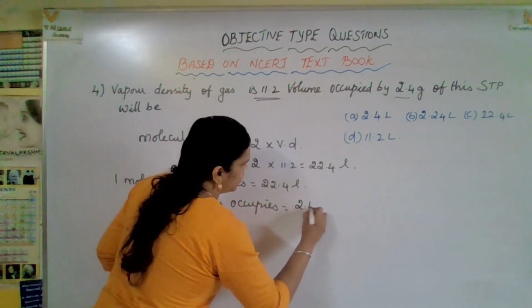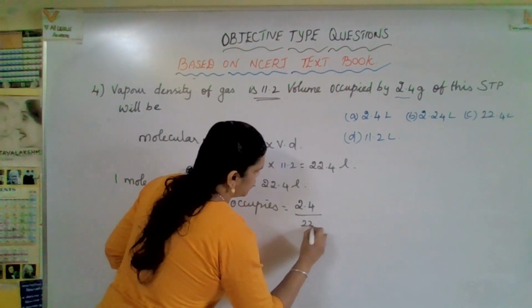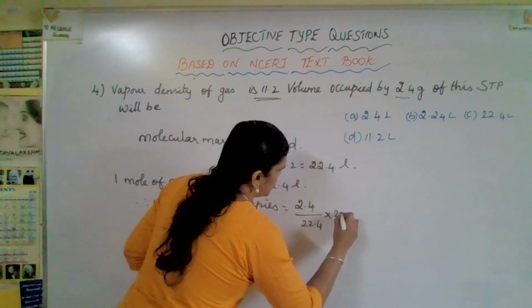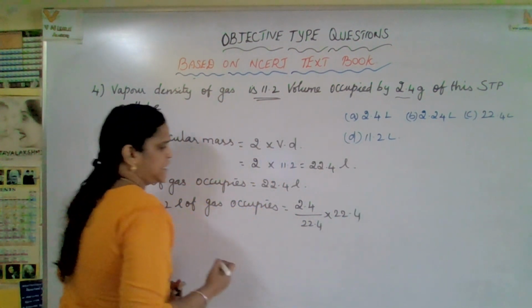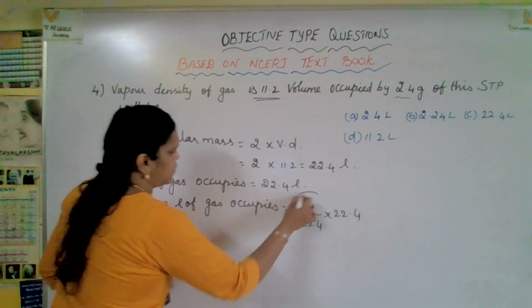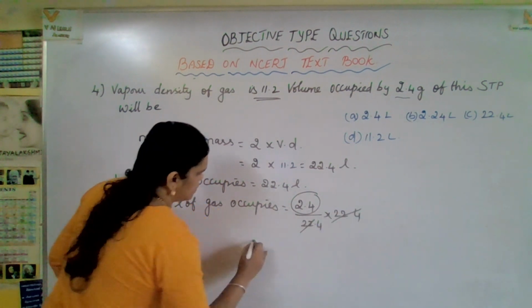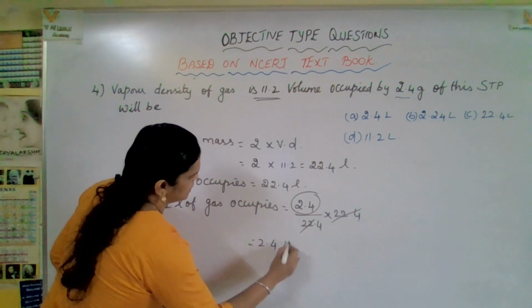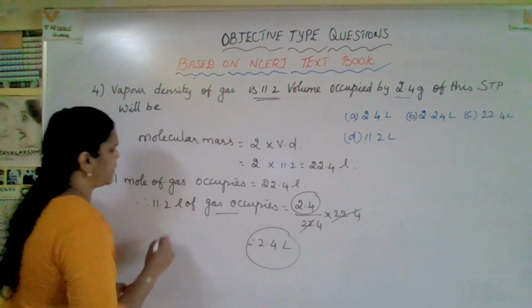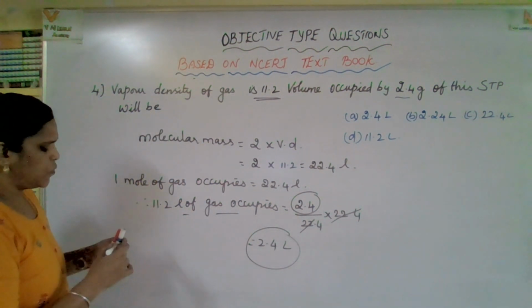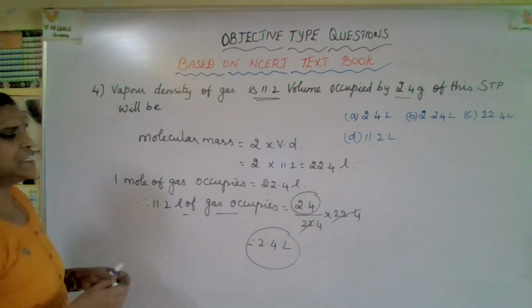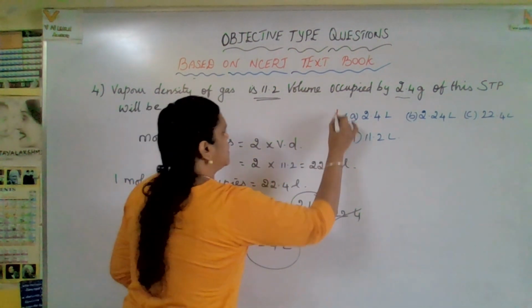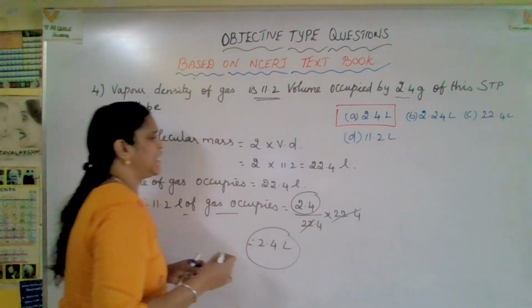So 2.4 divided by 22.4 into 22.4 liter. So naturally you will get 2.4 liter volume occupied. Right? So what is the option you will get? Your eyes will fall on option A. Hope you got a clear idea.